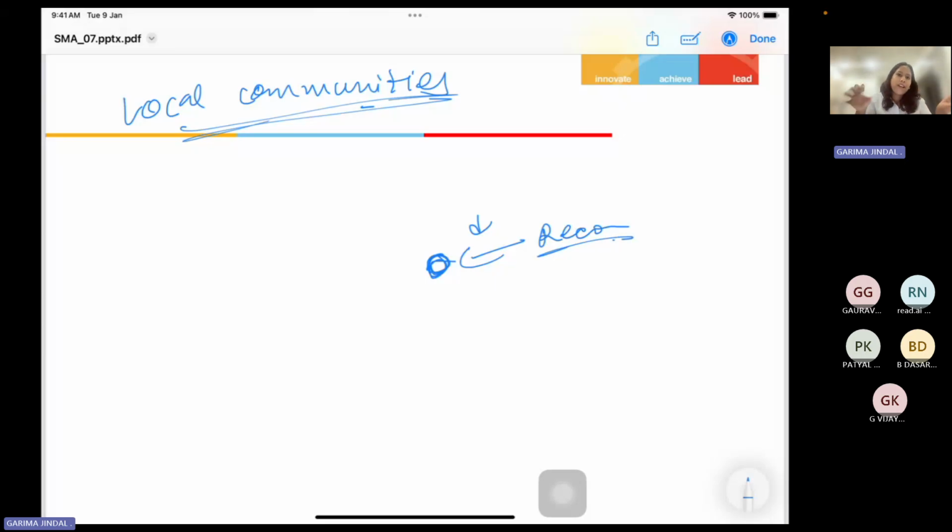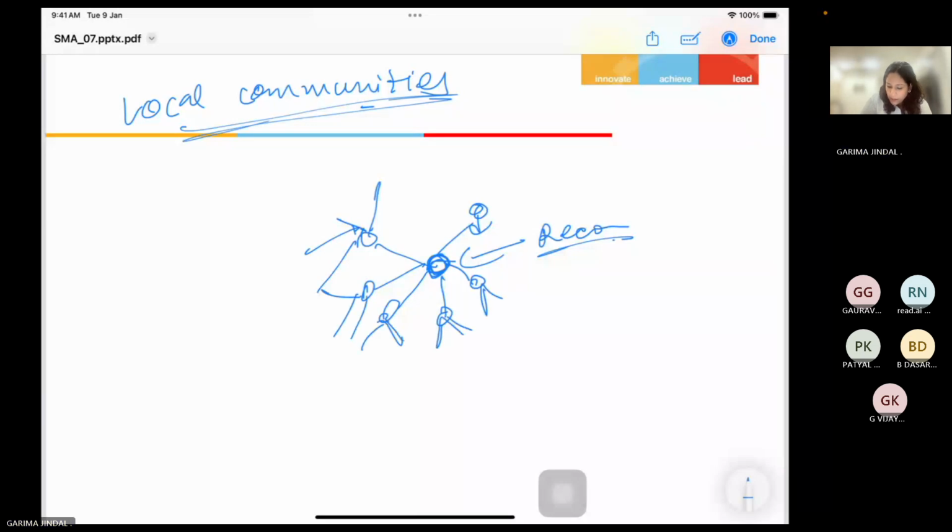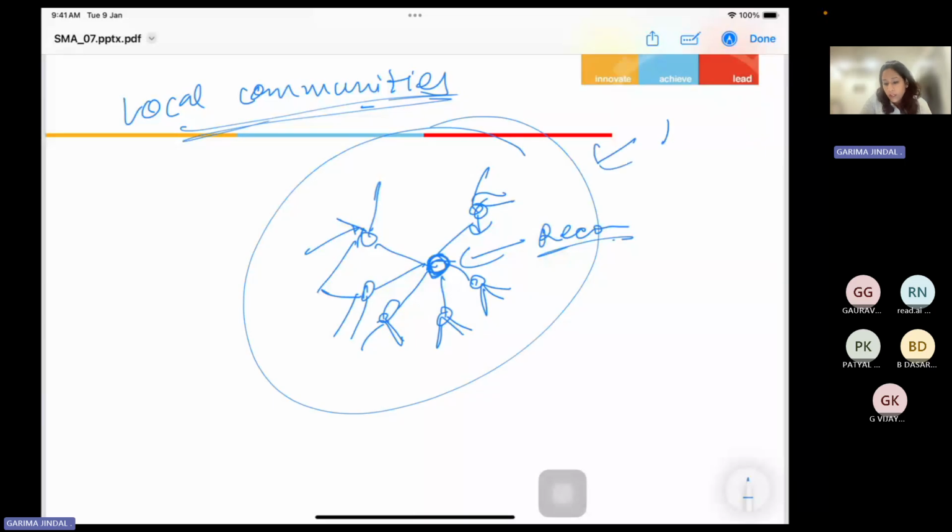Rather than identifying the communities in the entire network, I will see to which nodes this particular node is connected, and then further to which nodes its neighbors are connected. Once I have this data, this forms a local community. I can study this local community, and based on the study I can recommend different products to this user. So these are called local communities.